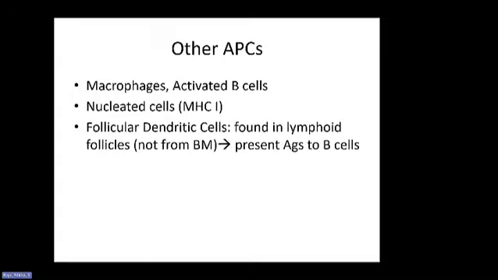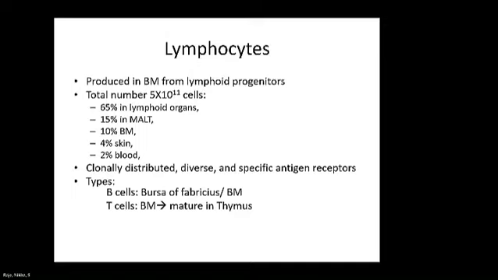Similarly, follicular dendritic cells that are found in lymphoid follicles are antigen presenting cells, so they present antigens to B cells. Moving on to lymphocytes, as we know, they are produced in bone marrow. 65% of the lymphocytes found in the body are actually in the lymphoid organs.